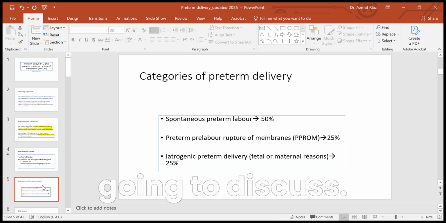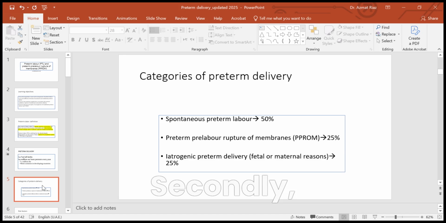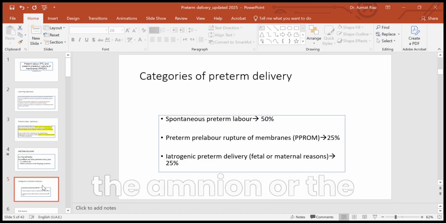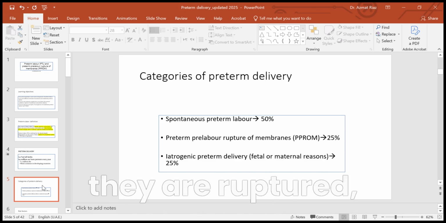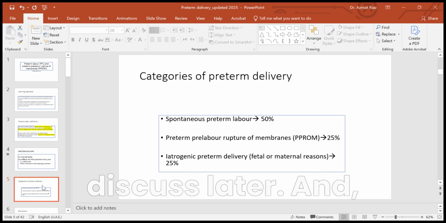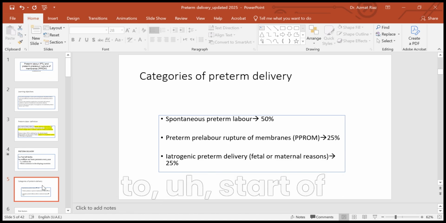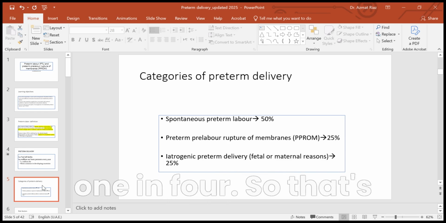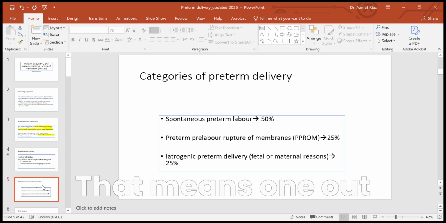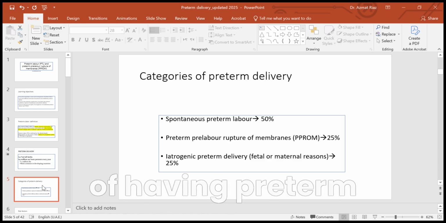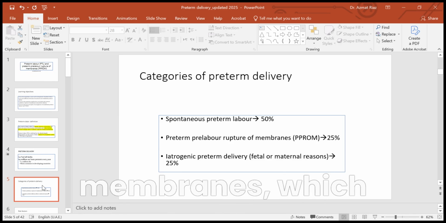Secondly, sometimes the fetal membranes, the amnion and the chorion, are ruptured due to different reasons, again we will discuss later, and that leads to preterm labor and preterm delivery. That's almost 1 in 4. So 1 out of 4 preterm deliveries happen as a result of preterm pre-labor rupture of membranes, which is called PPROM.